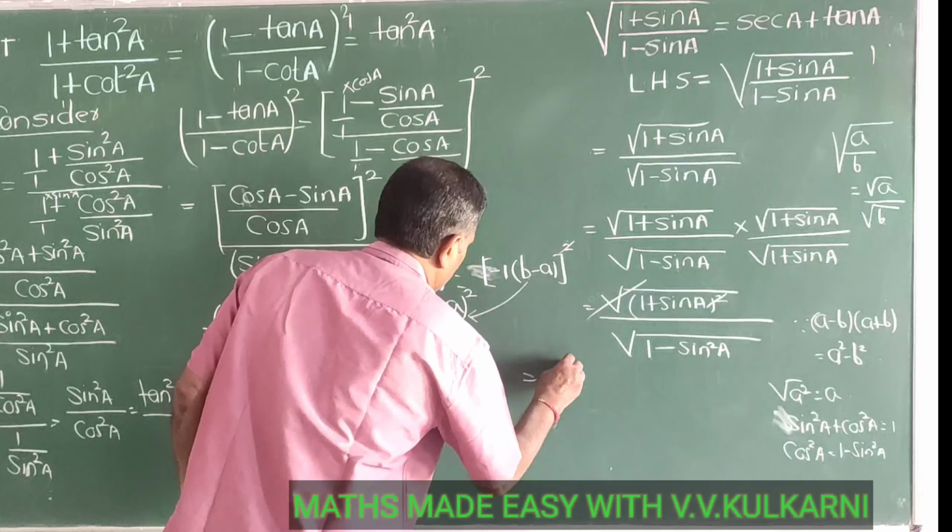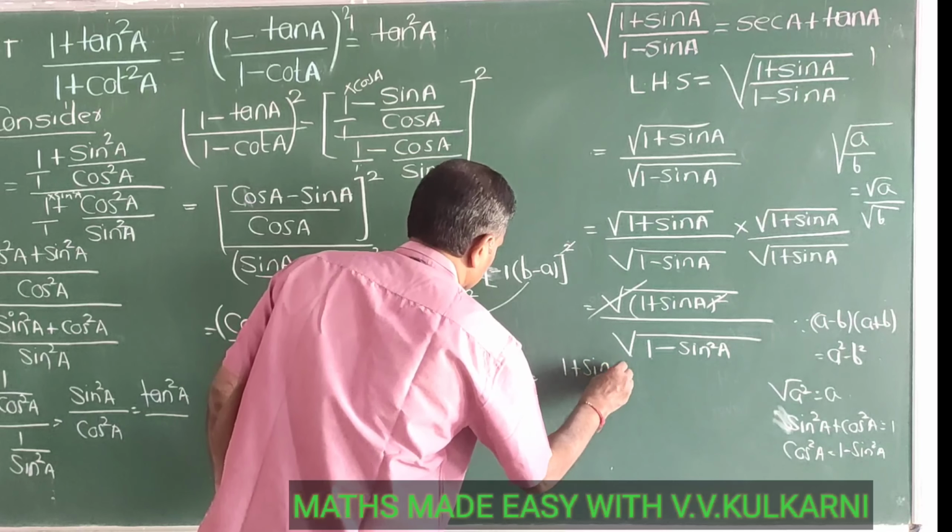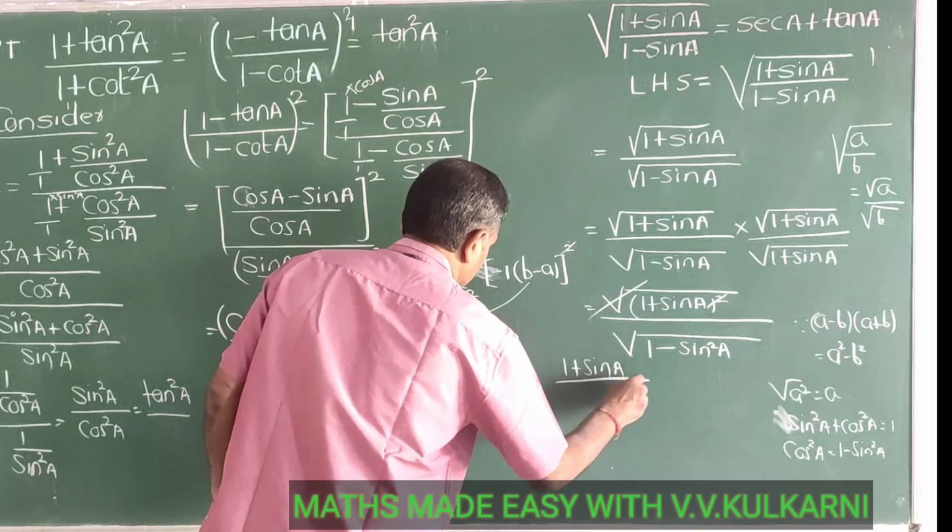So this is equal to 1 plus sin a under root cos squared a. So the square root cancels.